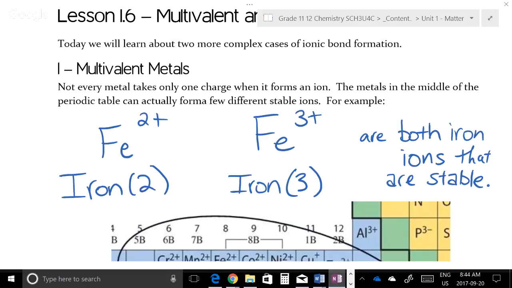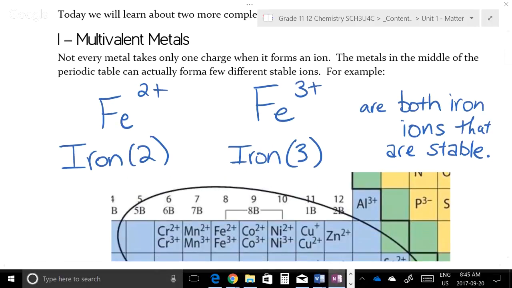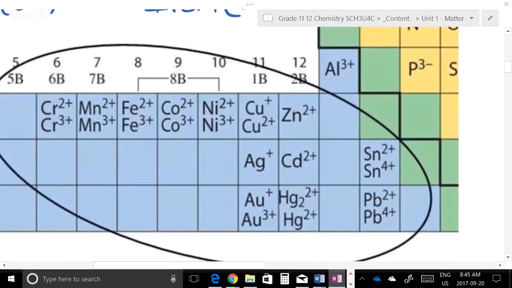So if iron takes a charge of 2, we call it iron 2. If iron takes a charge of 3, we call it iron 3. And I put down here a little diagram for you that shows you the key multivalent ions. I do not expect you to memorize this, but you will memorize some of it, just by virtue of using it.